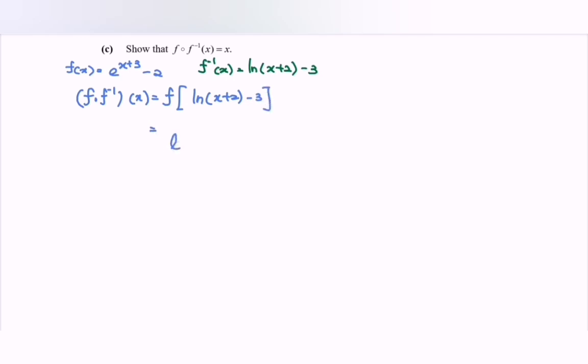So we have e^(ln(x plus 2) minus 3 plus 3) minus 2. As we can see here, the 3s cancel to give 0, and e to the ln gives x plus 2. So rewrite as x plus 2 minus 2. So from here, notice that f of f inverse of x equals x. Then we have already shown it.